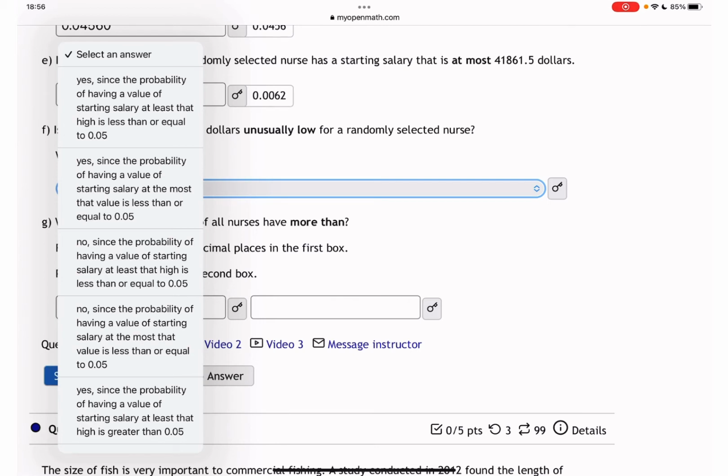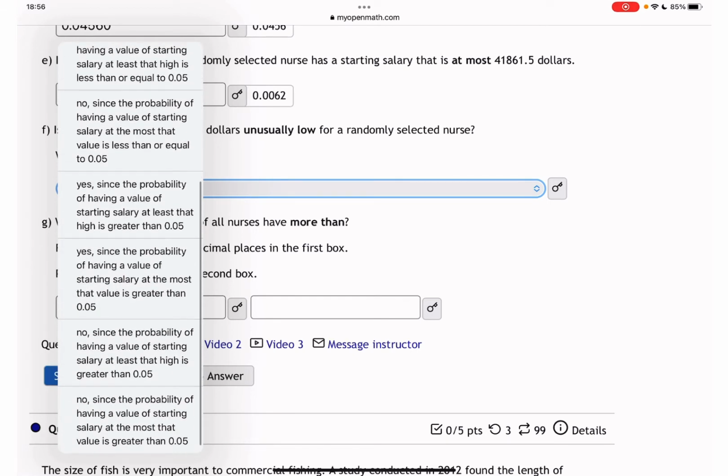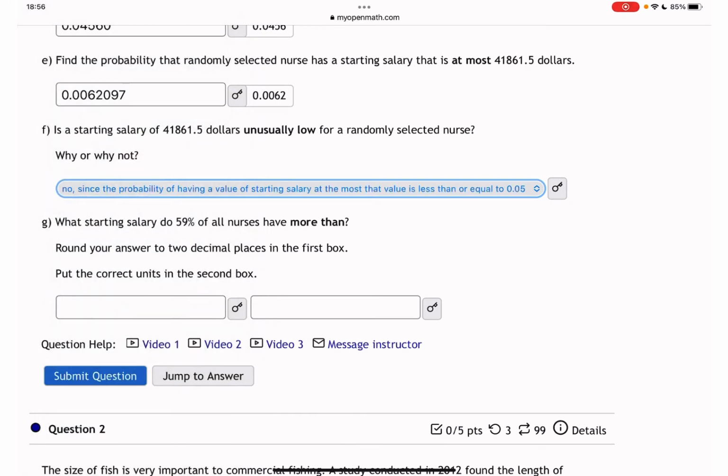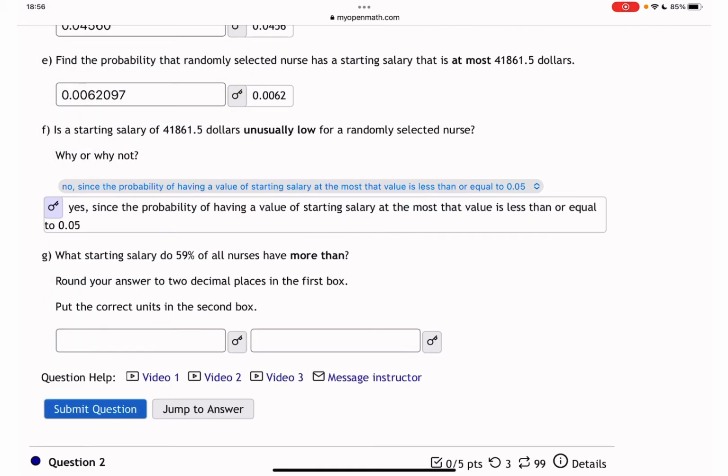I believe this one. I don't like when hundred type of answer is very confusing. Greater, I think this one. At most, here it is. Let's check. It is correct.